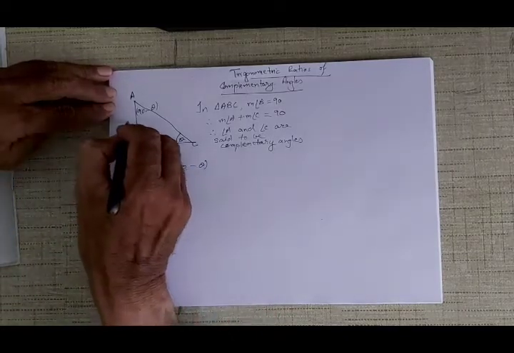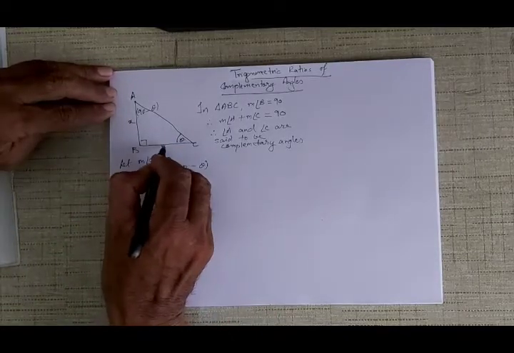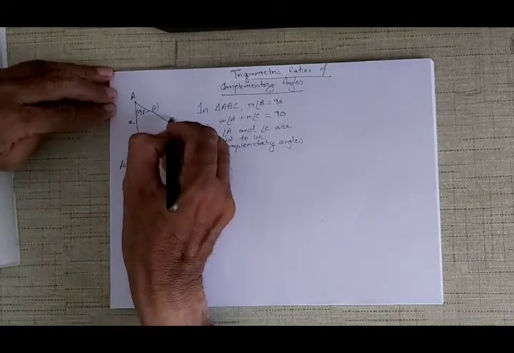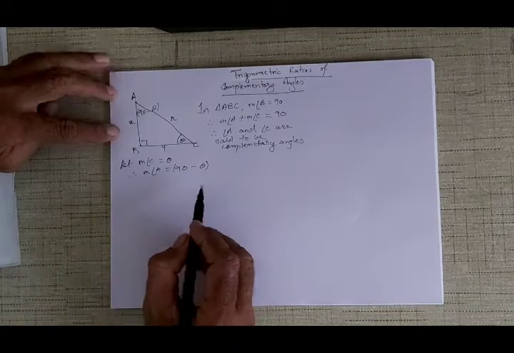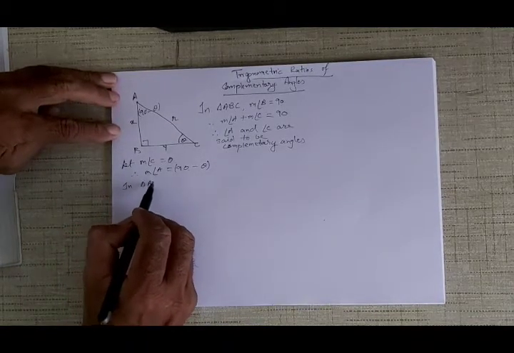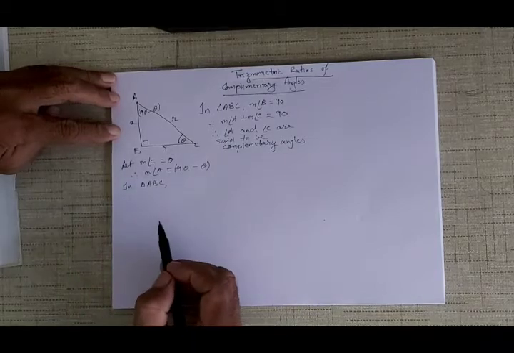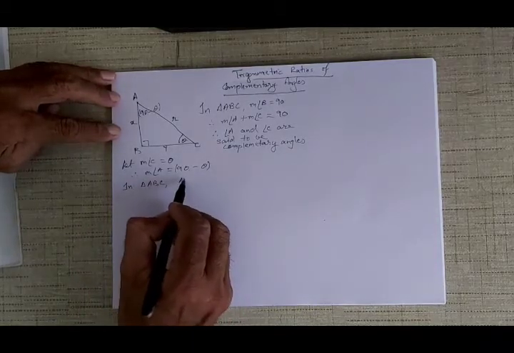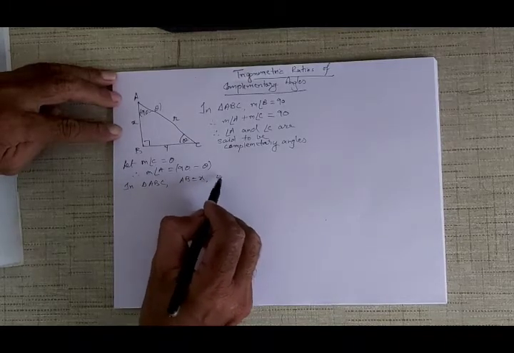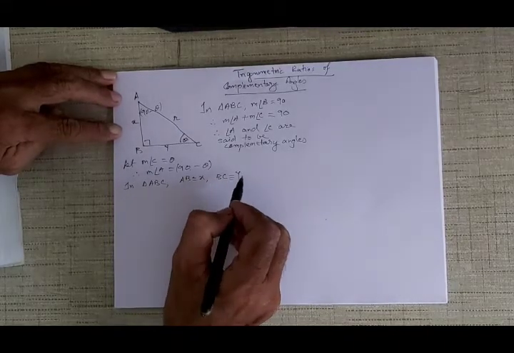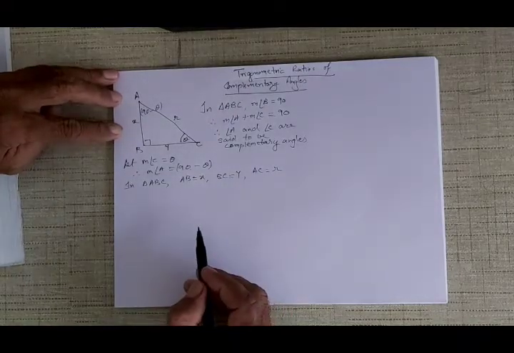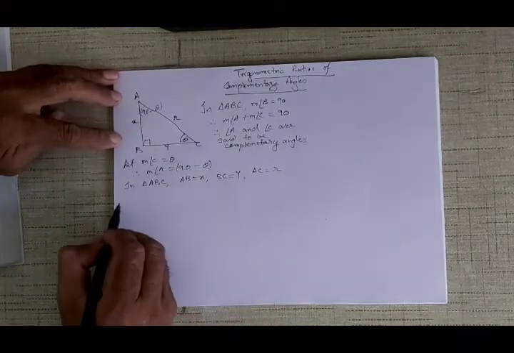Now let us suppose AB is x centimeters, BC is y centimeters, and the hypotenuse AC is r centimeters. Now I am taking the ratios of the angles.